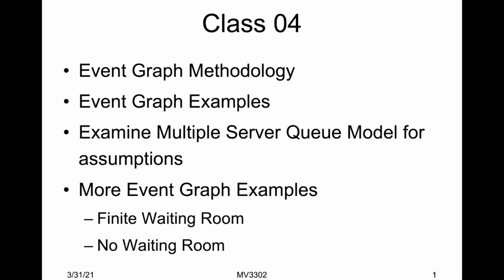So we're going to dip our toes into that by taking our multiple server queue and examining it for these assumptions. And then we're going to find that there's one assumption which is violated in certain situations, and that has to do with what I'm calling finite waiting room here. So we'll get to those models. But first, event graphs.